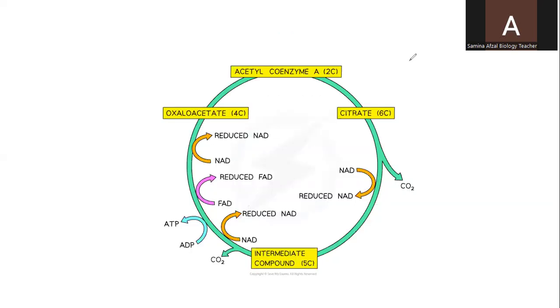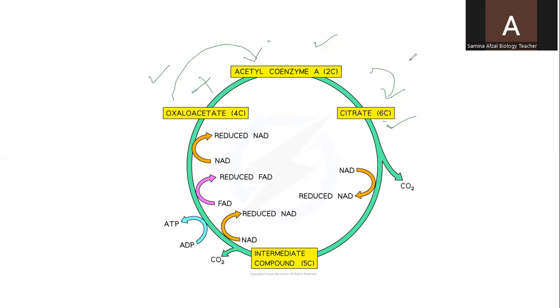Acetyl-CoA was formed at the end of the link reaction. So oxaloacetate and acetyl-CoA will join together to form the six carbon compound citrate, because the acetyl-CoA was the two carbon compound, whereas the oxaloacetate, which is already present in the system, is the four carbon compound. So both of them will join together to make a six carbon compound, which is called citrate.